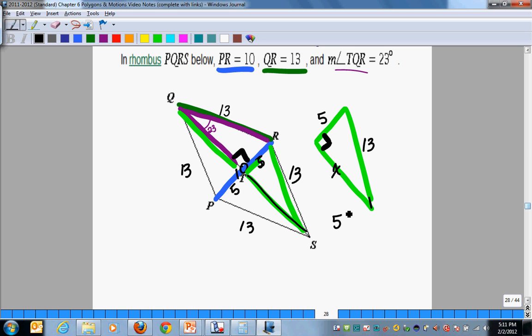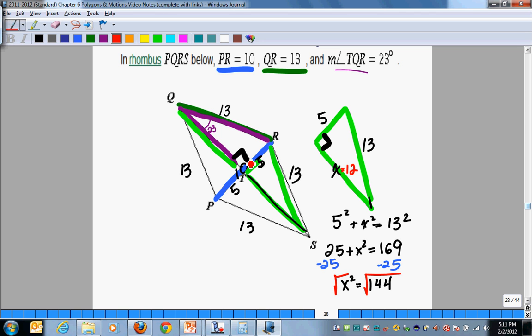So we can go 5 squared plus x squared equals 13 squared. We have x squared equals 144. We square root both sides. And that's a perfect square, which means this right here is going to be 12. That means TS must be 12, and QT must also be 12.